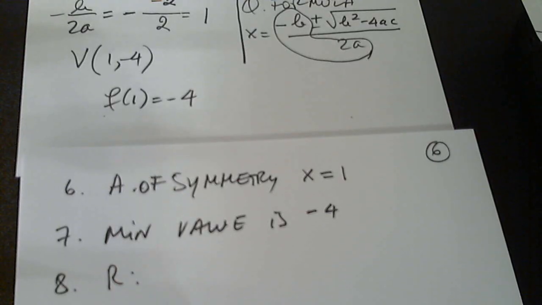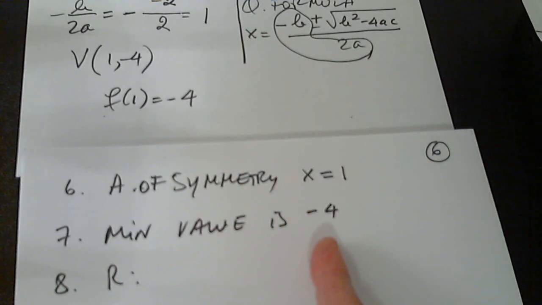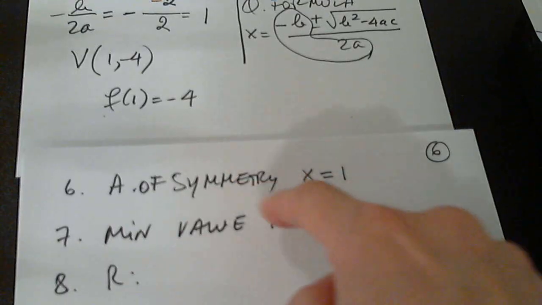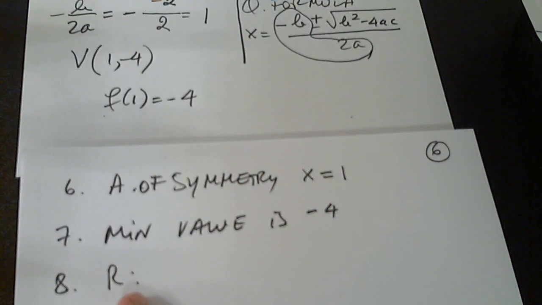I already know how the graph looks. With a minimum at negative 4, what could be the range? Now we already pictured the graph. It has a minimum, and the minimum value is negative 4. What could be the range? Before I even graph it, I can determine the range now.